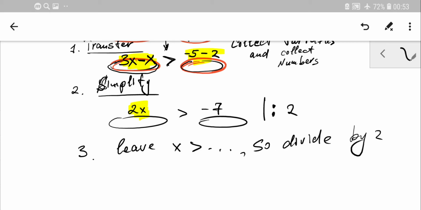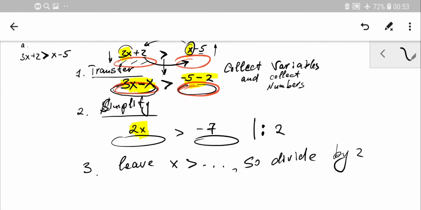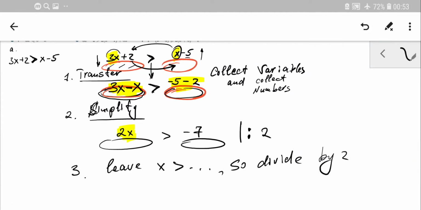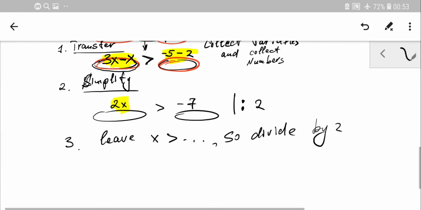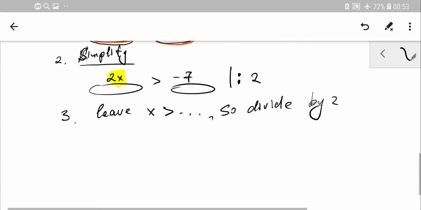If it's going to be another coefficient like 3x, you need to divide by 3. If the coefficient is 1 over 3, then instead of division, you multiply by 3. So I think we'll have plenty of examples, so don't worry. Right now, we need to run through a simple problem in order to get to more complicated ones.